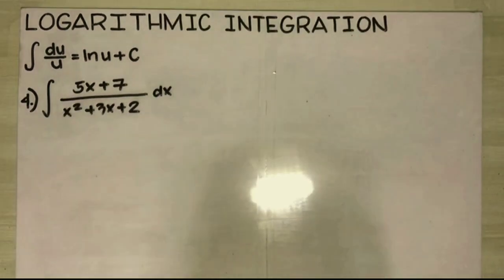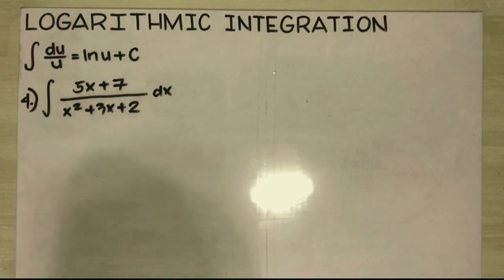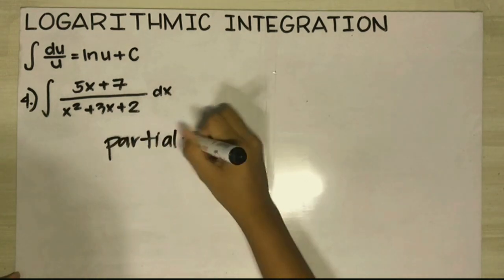Next, number 4. The integral of 5x plus 7 all over x squared plus 3x plus 2 dx. In this case, we can't use long division because the numerator is not of greater degree than the denominator. But we can factor the denominator. So in this case, we're going to use partial fractions.